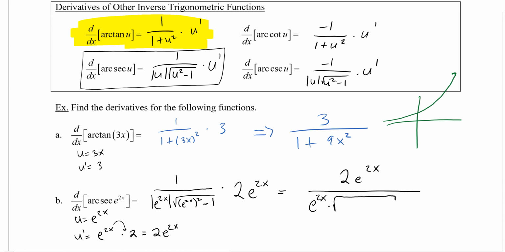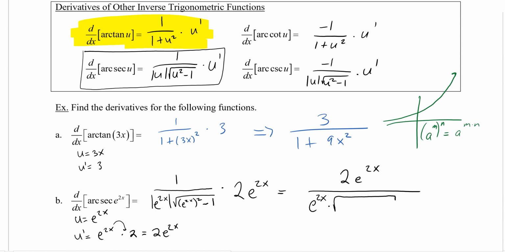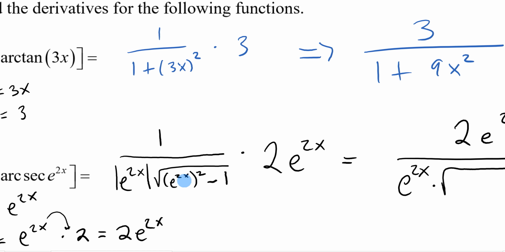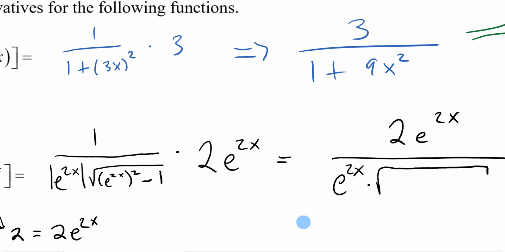Well, going back to pre-cal, let me refresh your properties of exponents. A number raised to a power that's also being raised to a power, well, all we have to do is multiply the powers. So if I look at e to the 2x and then raised to the second, well, we're just going to multiply 2x times 2, which is 4x.